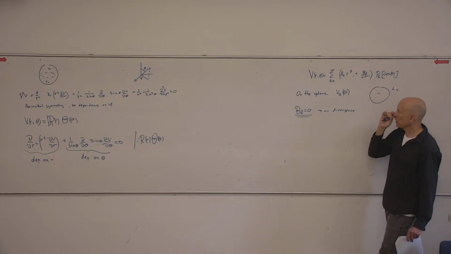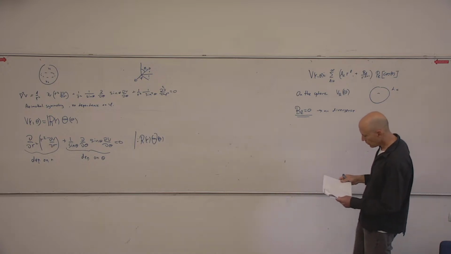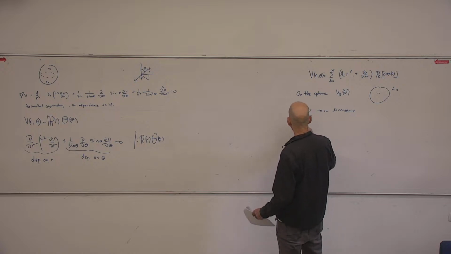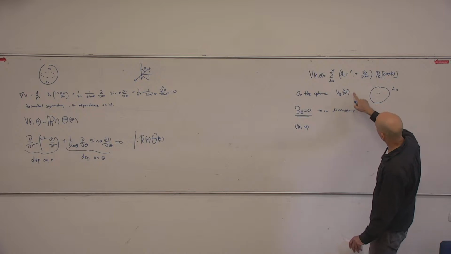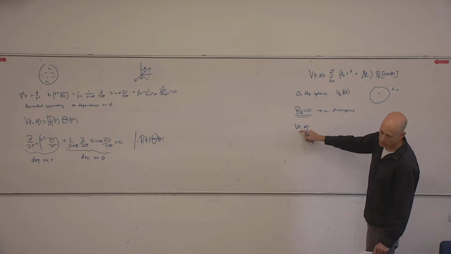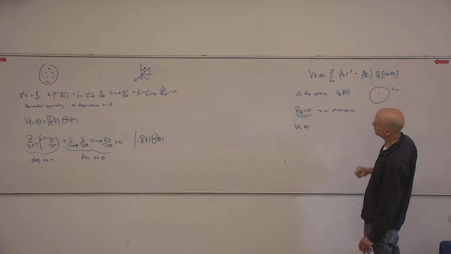So this is the reason why we can just throw all of them away. Now, the solution is V of r and theta. This one is on the boundary, on the sphere. This one, r, is less than the size of the radius, which is capital R.